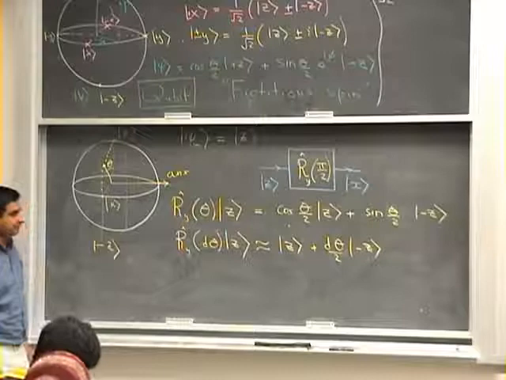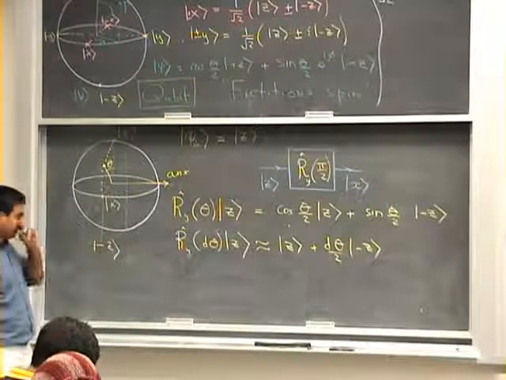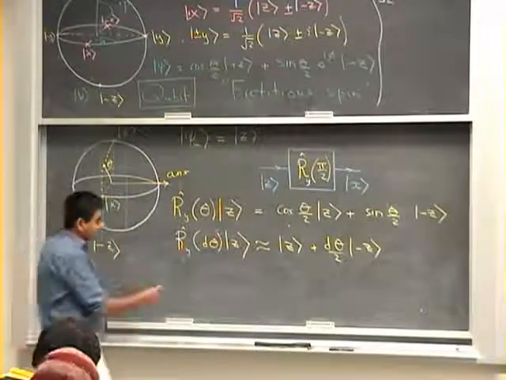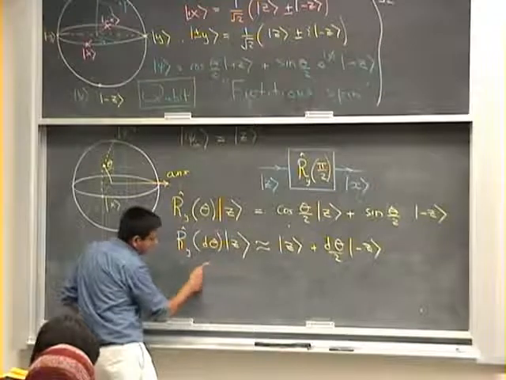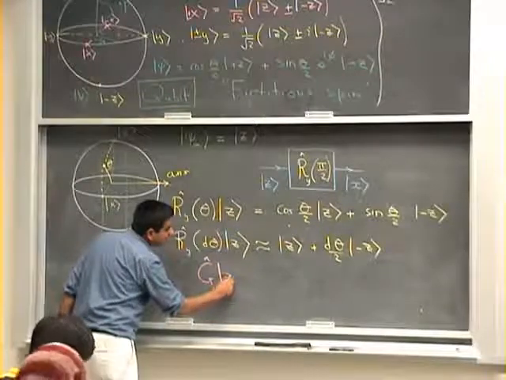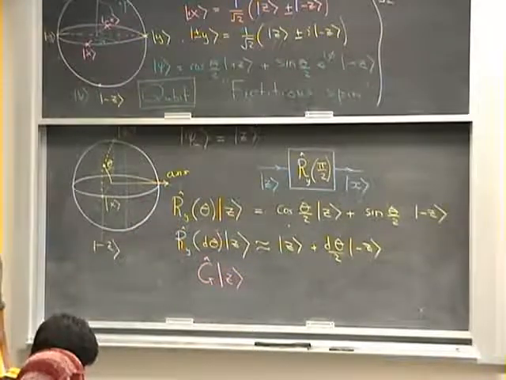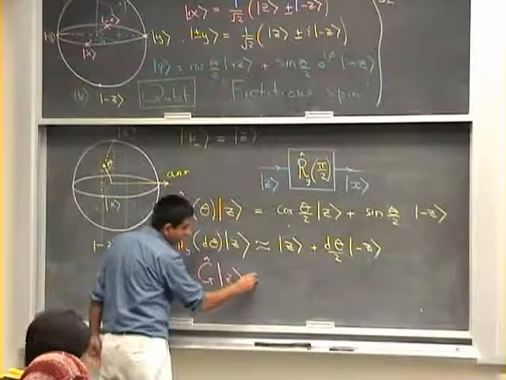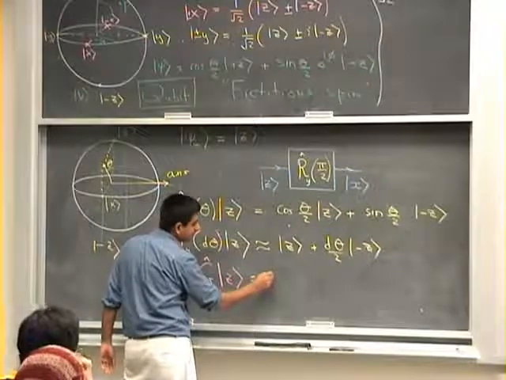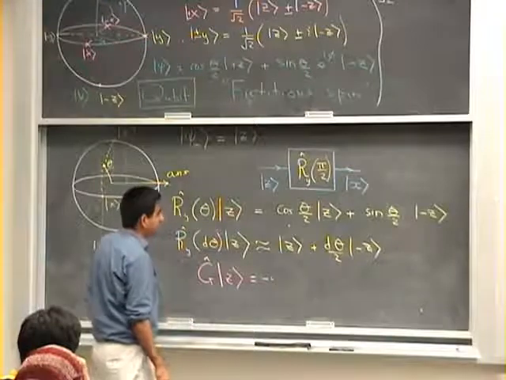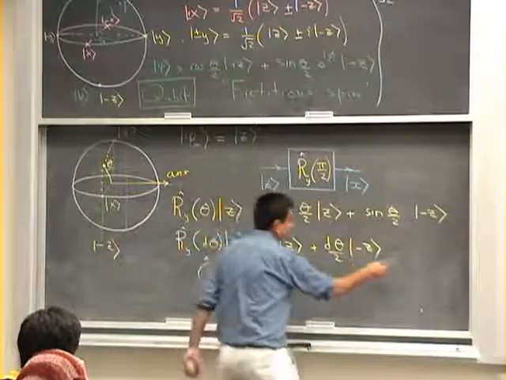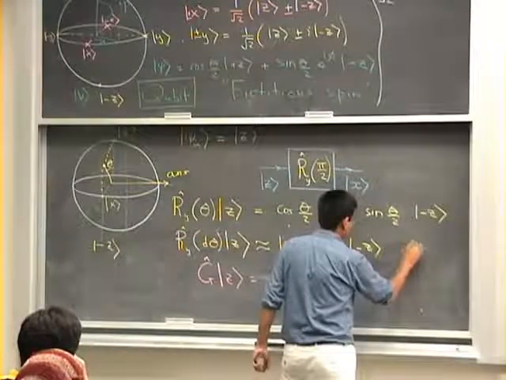Now what I would like to do is define a new operator G, which acts on the initial state z and gives minus i G.